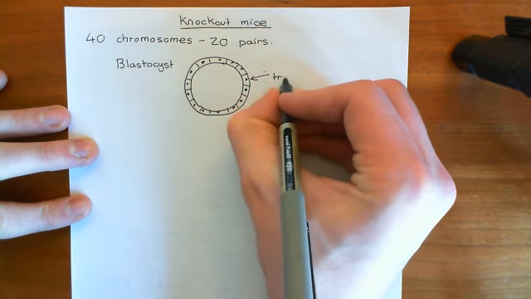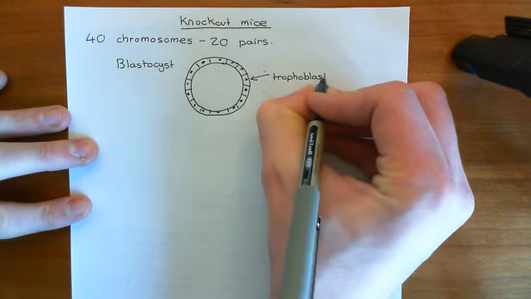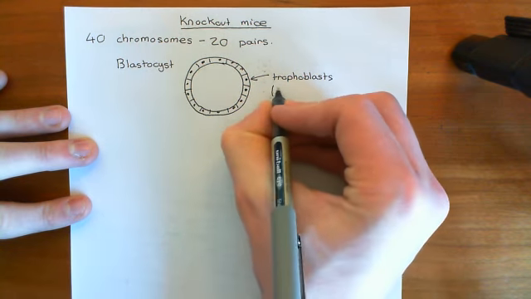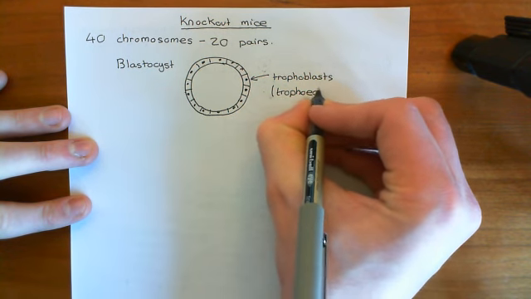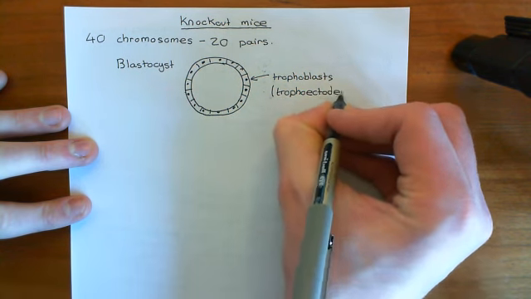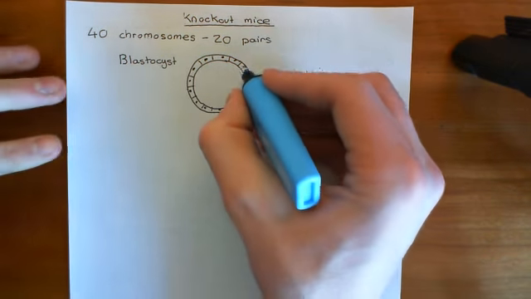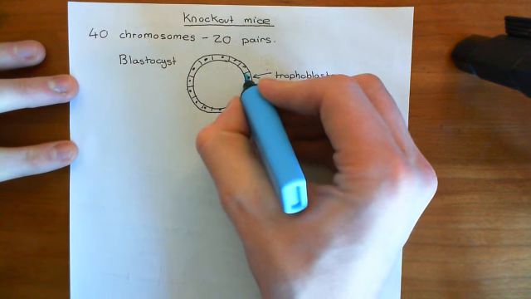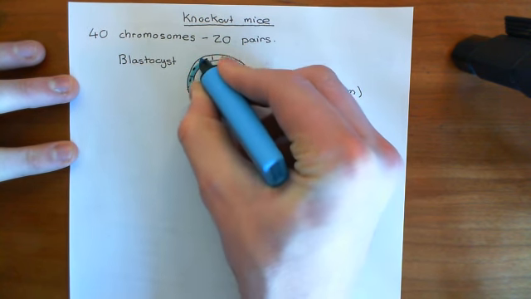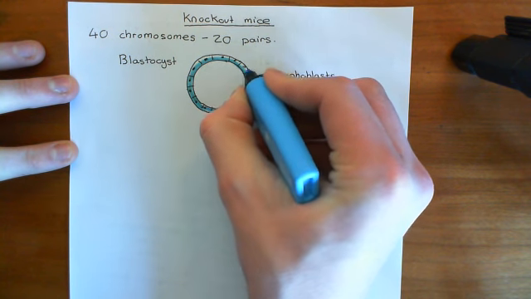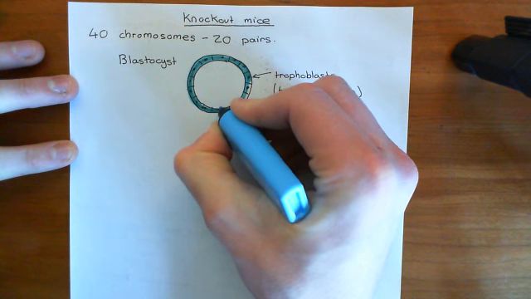So these are trophoblasts, and the entire layer is called the trophectoderm, which makes up the surface of this sphere of the blastocyst. Let's colour in the trophoblasts in blue here. Try and colour them completely in blue, like so, and then I'll just go around once more. So that's the outer layer of a blastocyst.